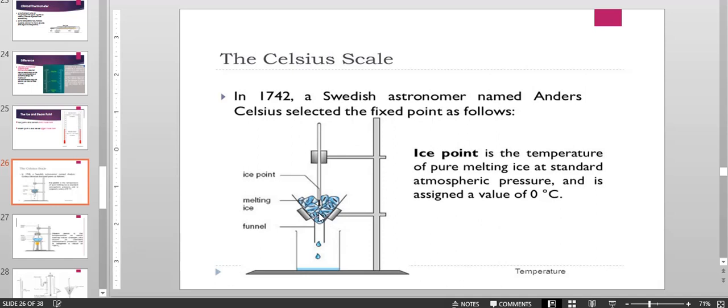Then he put the ice cubes inside it in order to find out the ice point, or the point at which these ice cubes will turn into water drops. And in order to measure the temperature of the spot at which these ice cubes will be converted into water droplets, he placed a thermometer inside it vertically.